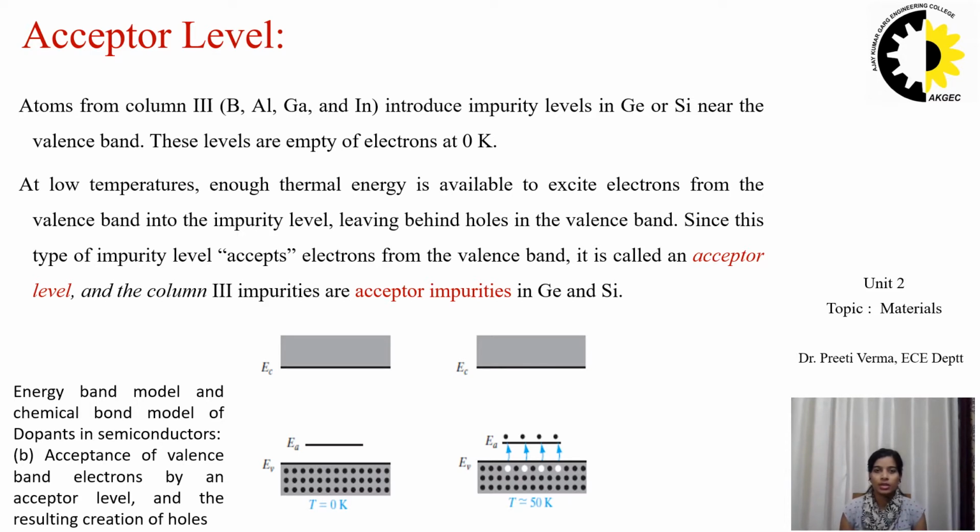So one electron is required there, and that vacancy is termed a hole. This energy level lies near the valence band. Since this impurity level is near the valence band, it accepts electrons from the valence band, and so it is called the acceptor type of energy level, and the group 3 impurities are called acceptor type impurities.